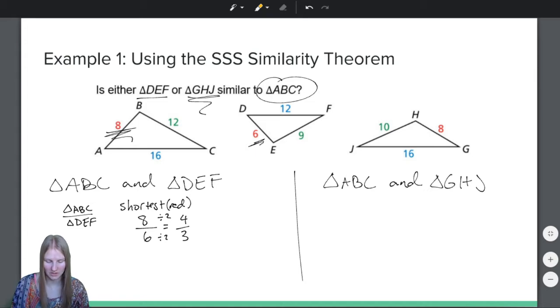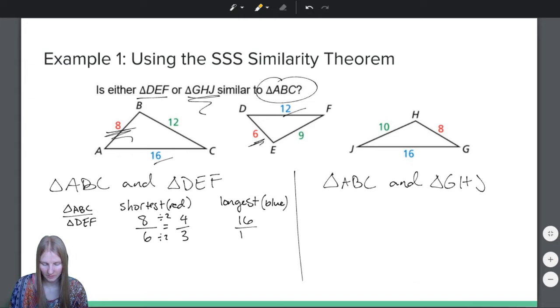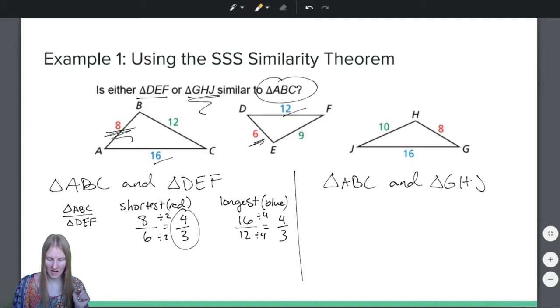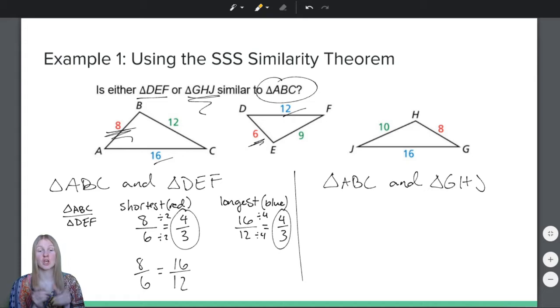Now if I do this with the longest side, which is the blue, I have 16, because triangle ABC is on the top, 16 over 12, which, if I simplify this, I can divide by 4 on the top and bottom, and I get 4/3. Look at that. These two sides both have the same scale factor. They are equivalent fractions. 8/6 is equal to 16/12. So this is a good start.